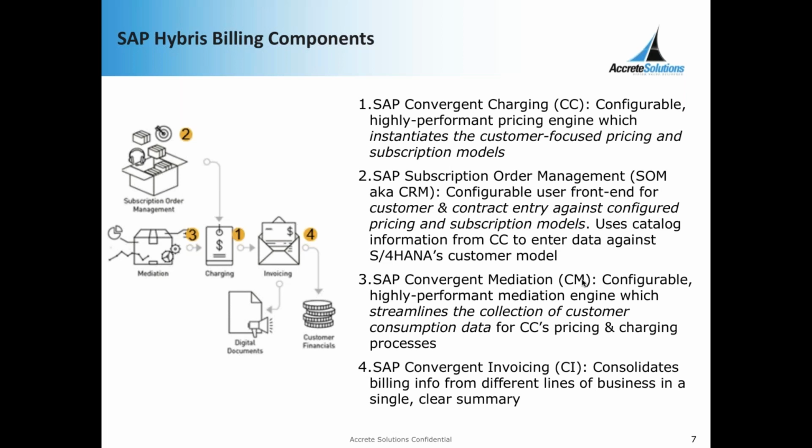So how they represent when someone sends a fax, or prints something out, or makes a copy, that transaction coming off of that piece of equipment may be different. And you need a way to mediate between those service delivery platforms and the pricing engine, convergent charging. I'm just giving an example of that.